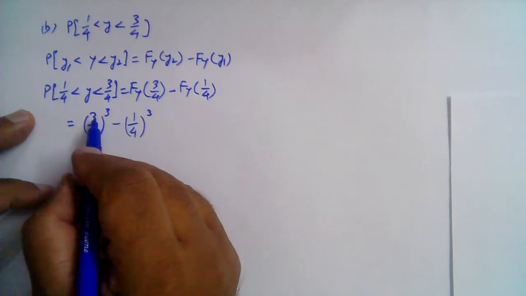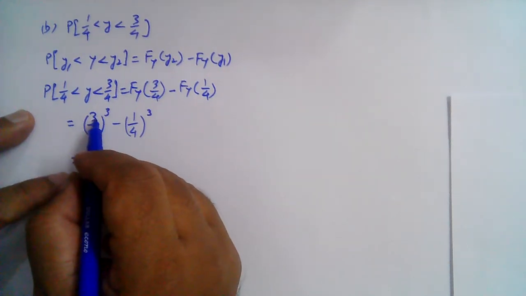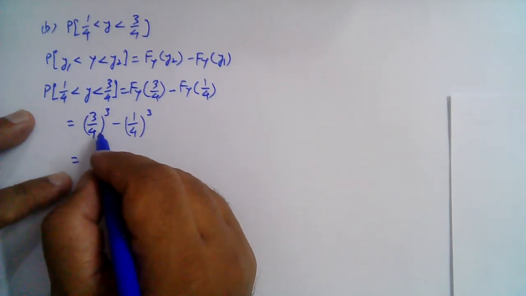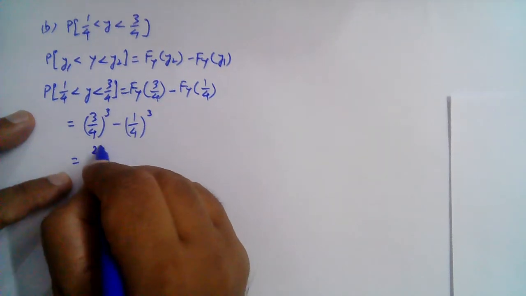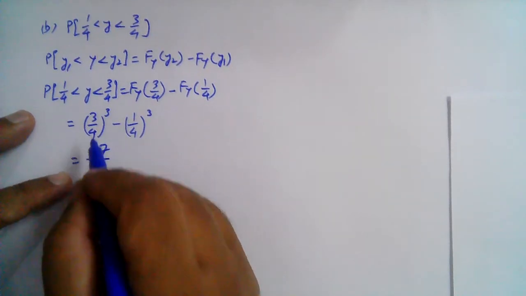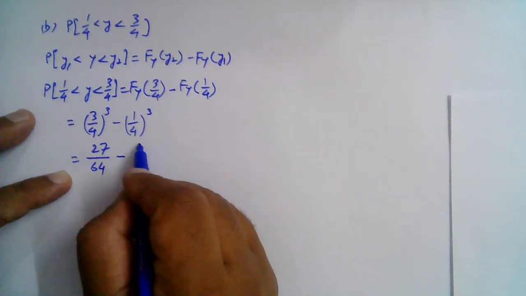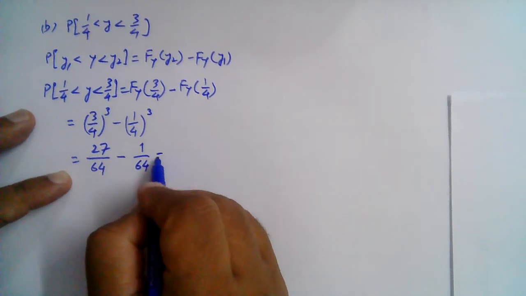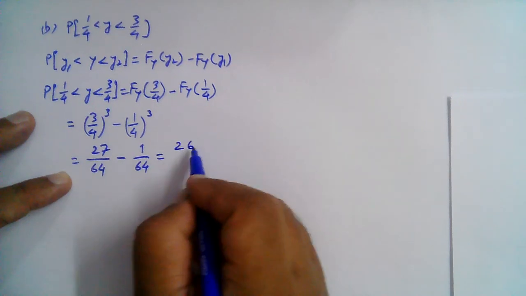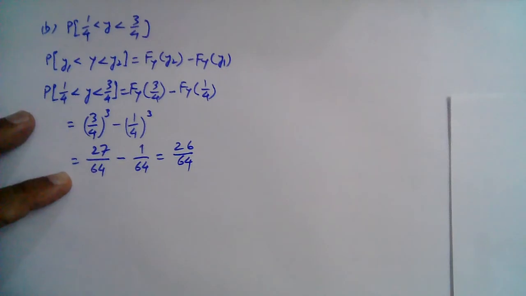So this will be 3 into 3 into 3, that is 9 into 3, 27, and that will be 4 into 4 into 4, that is 16 into 4 is 64. And this will be 1 over 64. So that is 26 over 64.